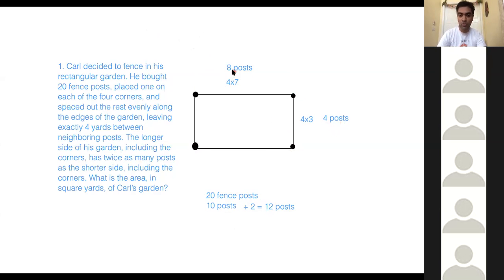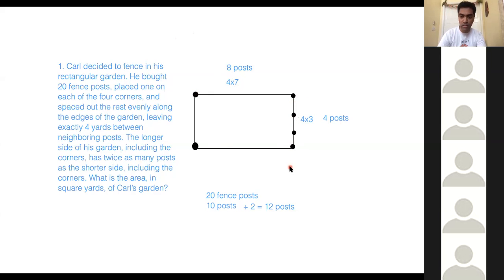And once we know the number of posts, there should be one less gap between the posts. So for instance, if we draw the 4 posts here, so there's already 2. This is the third one, this is the fourth one. So there's 3 gaps here between the 4 posts, 1, 2, 3. Each would be 4 yards.